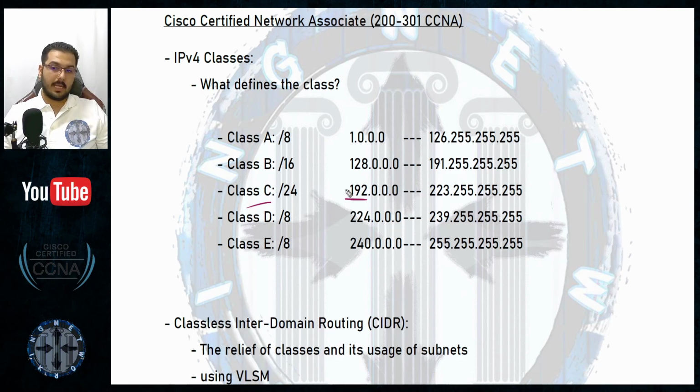When it goes to class C, 192.0.0.0, /24 means you have 24 ones, so that would be the first 3 octets. The first 3 octets are locked as the network part, and the 4th octet is the host part. So I can only play with the 4th one. The first 3 I cannot change at all.